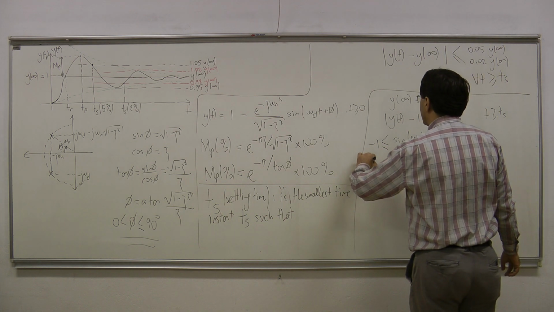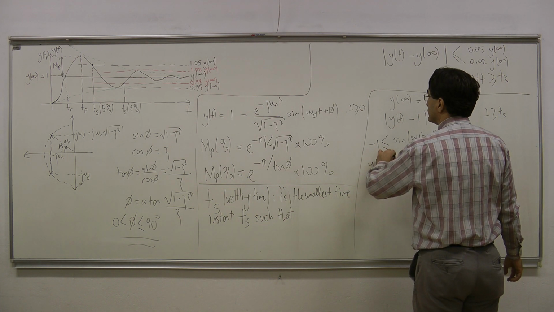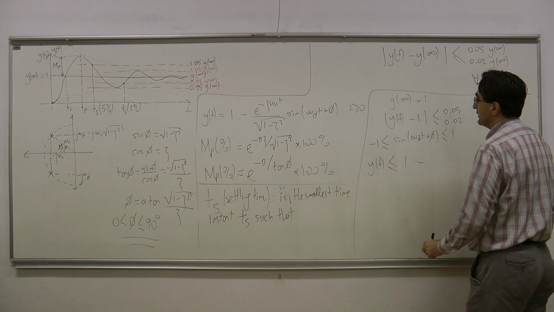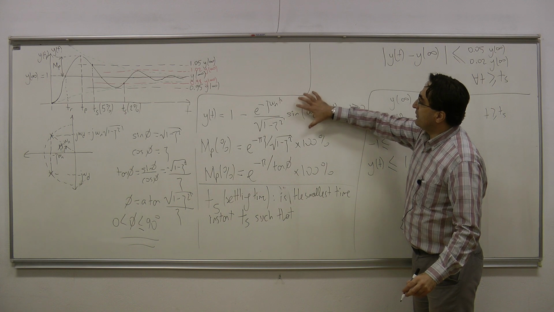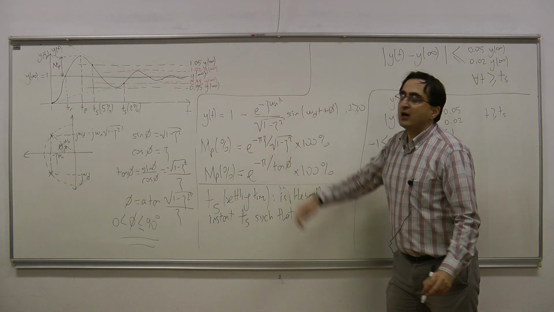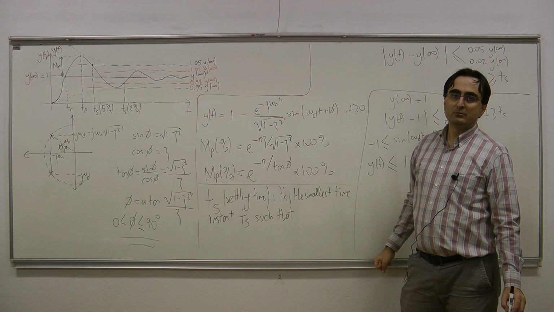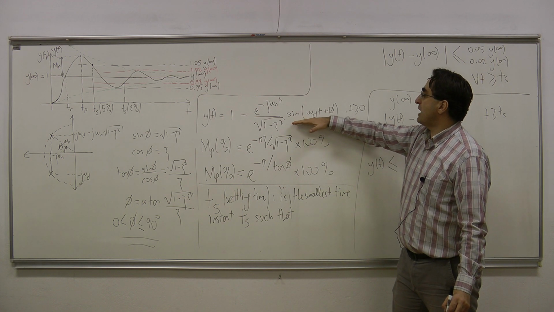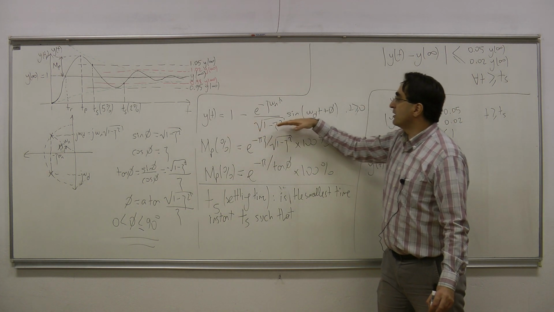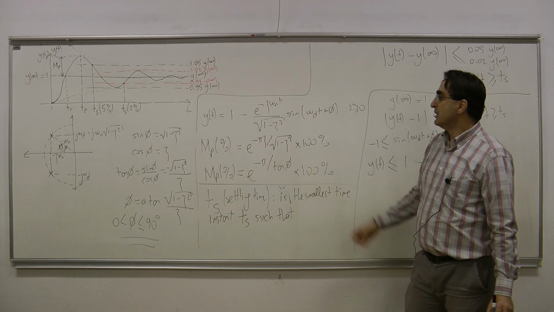Let me try to first find the upper bound of the response. So I have 1 minus... at which sine value does this response become maximum?